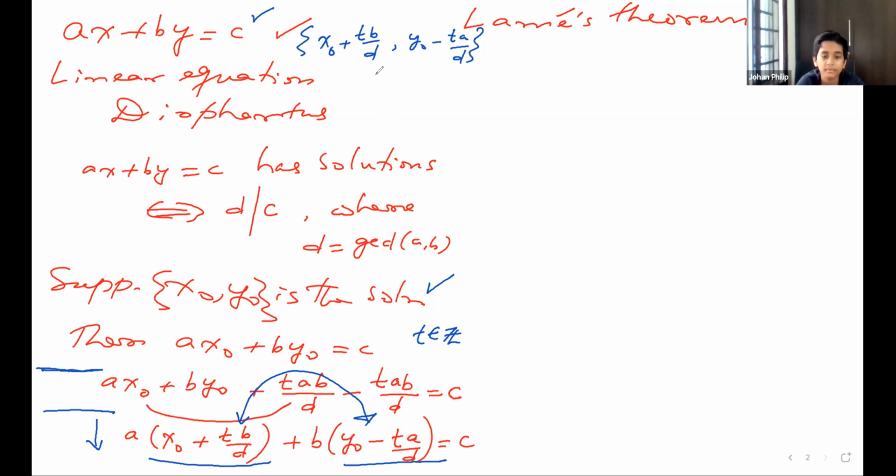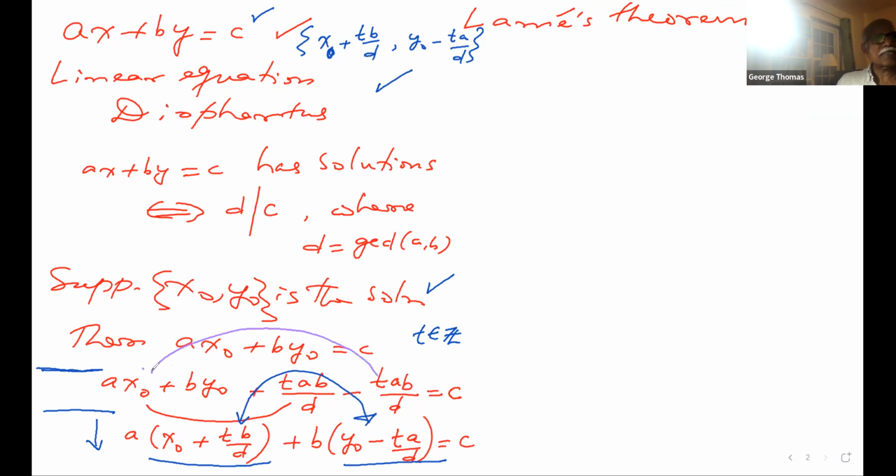Right. Wonderful. Mind you, you might think that I could have combined this and this and this and this the other way. Then it would be x naught minus t b over d, y naught plus t a over d.